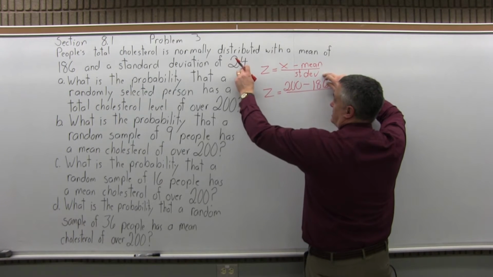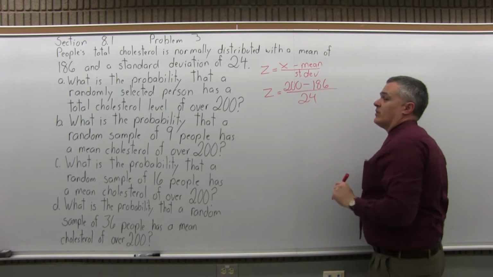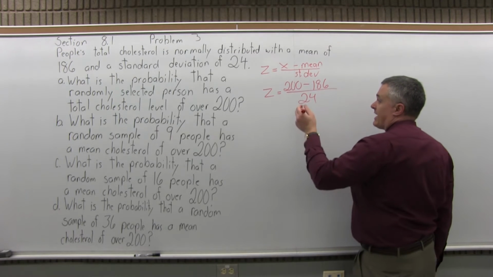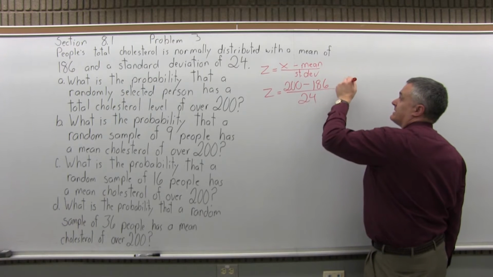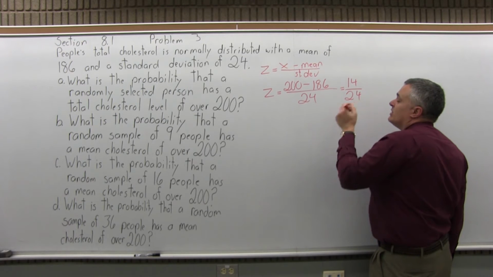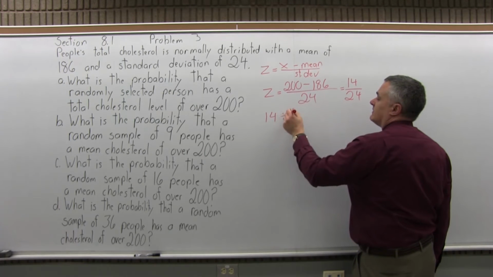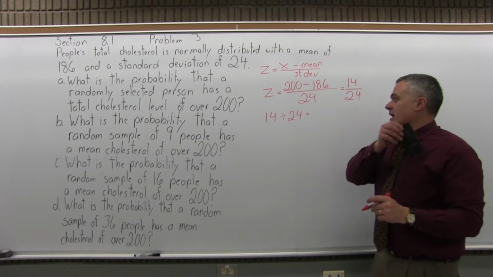So for the whole population, so you're going to take one person at a time, it would be 24. So now do the math. You would have 200 minus 186 would be 14, and you have 24 underneath. You can reduce that, but you can just go right ahead to the calculator and do 14 divided by 24 equals, and see what you get.